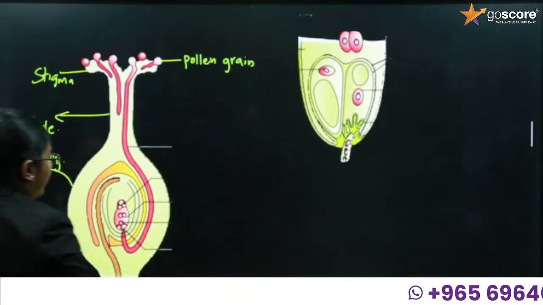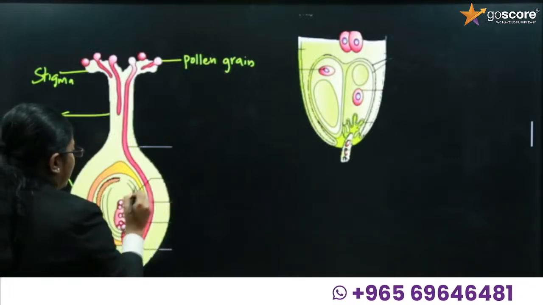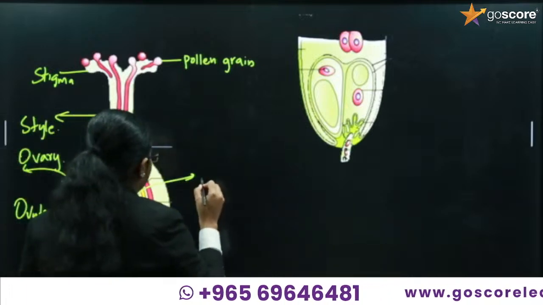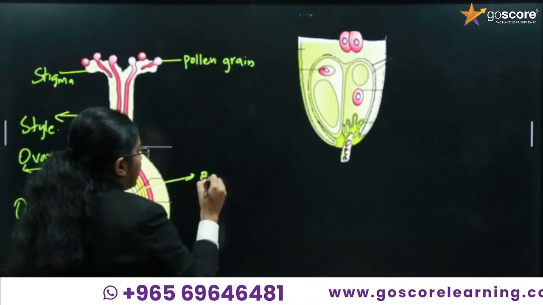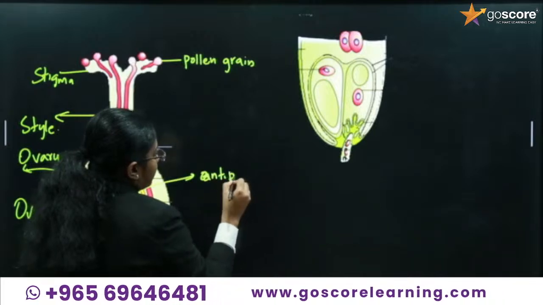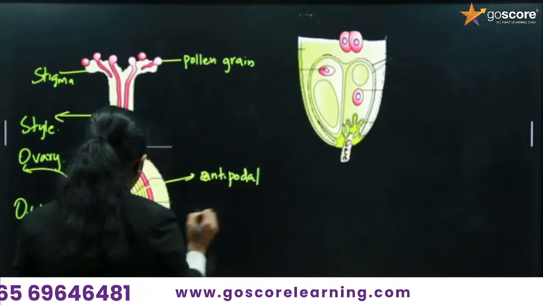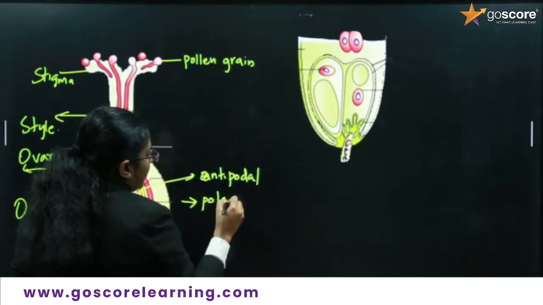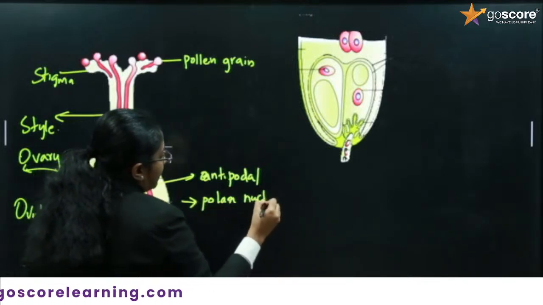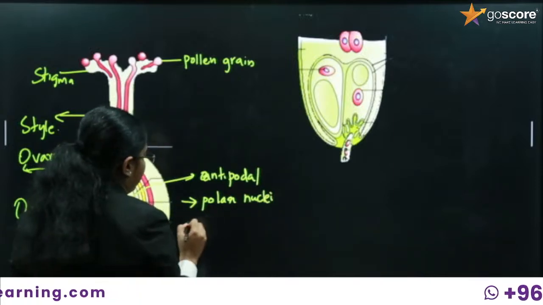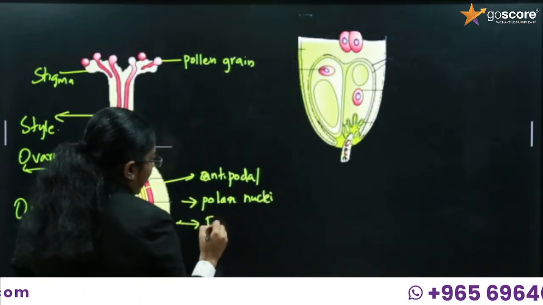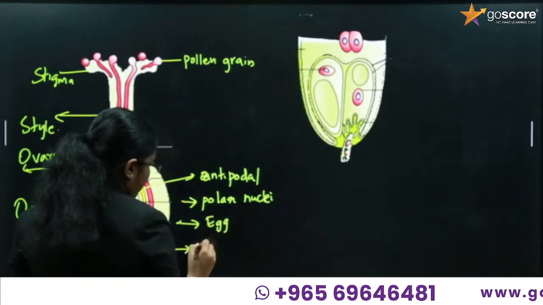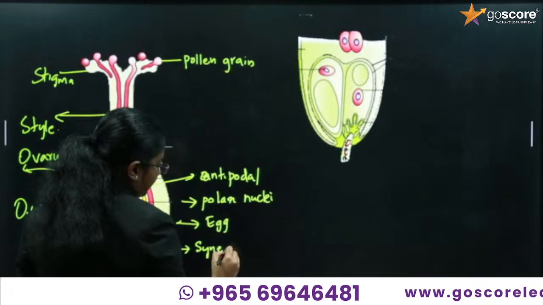There you can find three antipodal cells, then the polar nuclei, then the egg apparatus where the egg is present, and then the synergids.